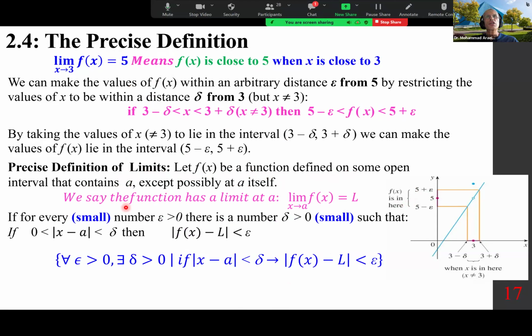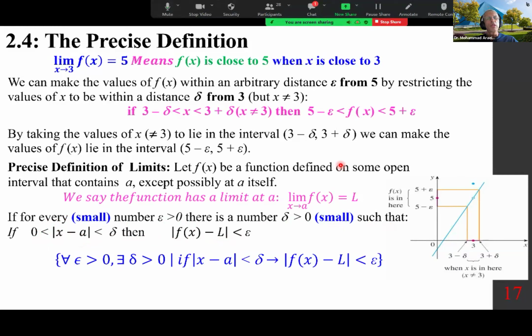We say the function has a limit at a, or limit of f of x as x approaches a equals L, if for every small number epsilon larger than 0, there is a number delta larger than 0, also very small, such that if the absolute value of x minus a is between 0 and delta, in other words, x minus a represents the distance x has from a, then the absolute value of f of x minus L must be less than epsilon.